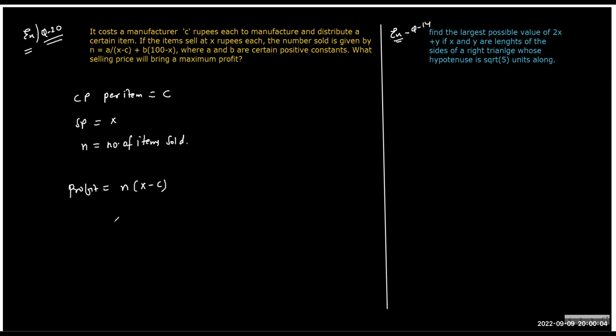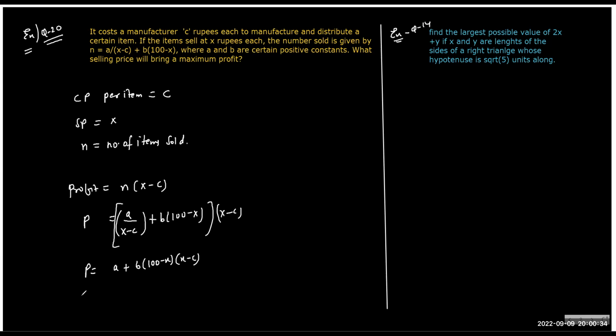And we're done because N is given, and you have to just multiply. So we have to call our function P. So P is how much? If you multiply, you'll get it. This is an easy function to solve.